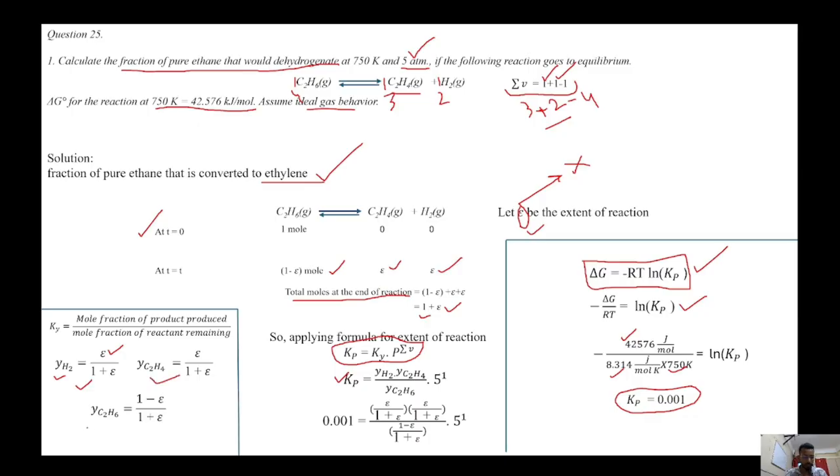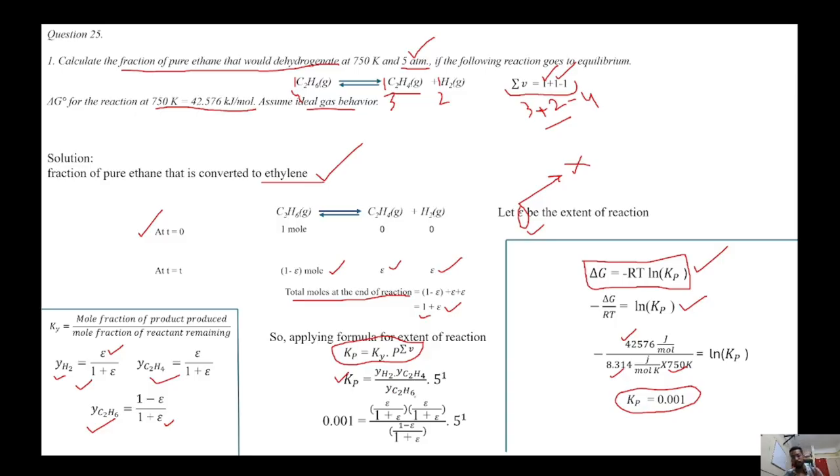Similarly, at the end of the reaction, 1 minus E moles of pure ethane is left, divided by the total moles. Now, putting all the values, product upon reactant: Y of H2 into Y of C2H4 upon Y of C2H6.